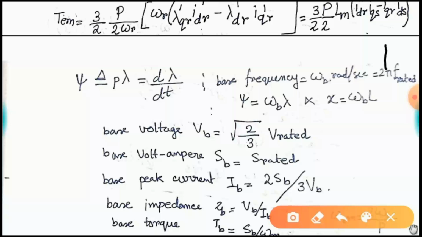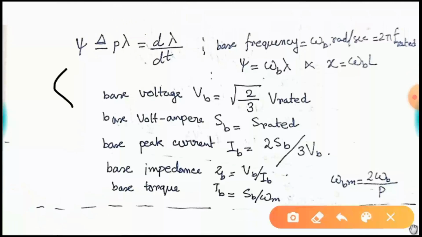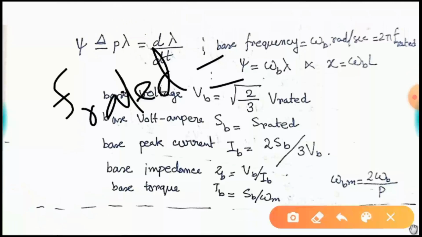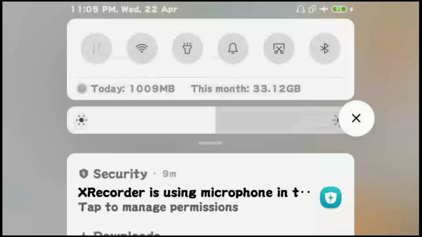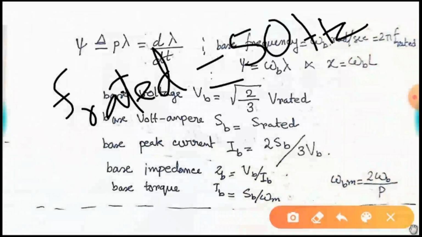First of all, let us know what omega b is. Suppose you are dealing with the Indian system, then your rated frequency f rated is equal to 50 hertz.